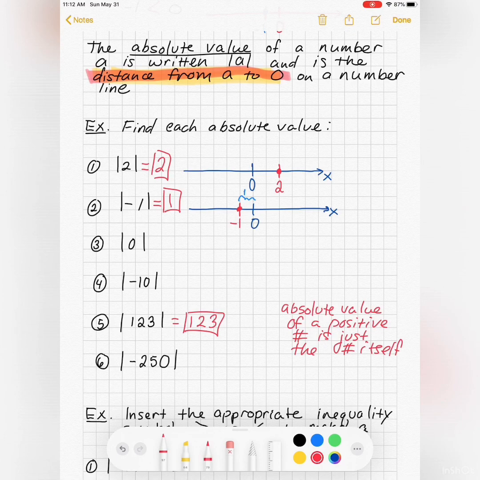Let me try this other one down here where I have a negative. We'll go back to 0, I guess. Let's look at this one. The absolute value of -10. Now let's put 0 here then. -10's all the way over here.